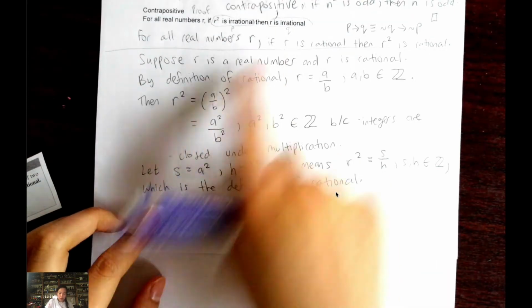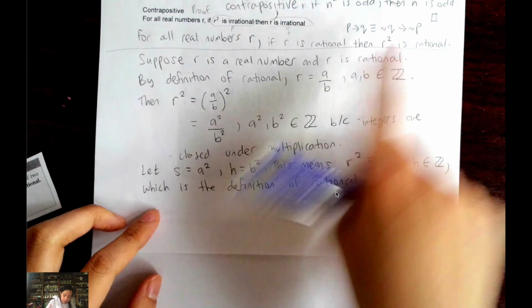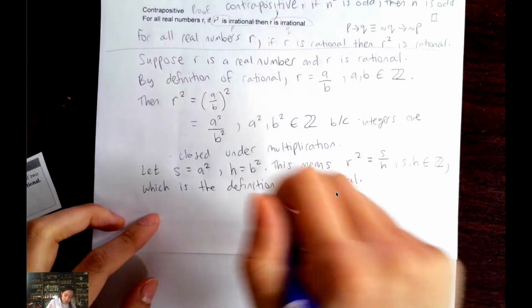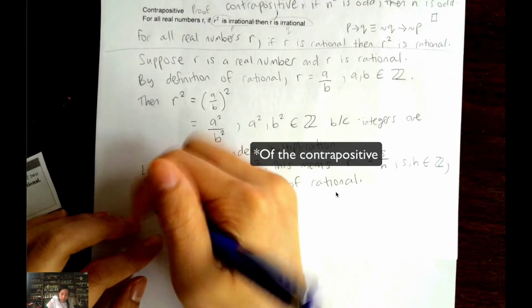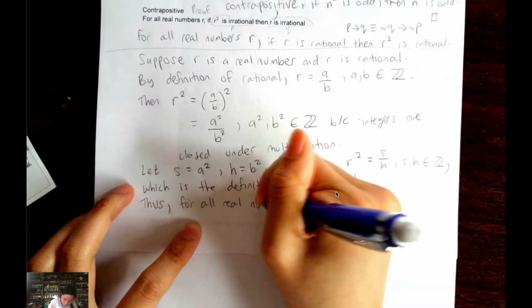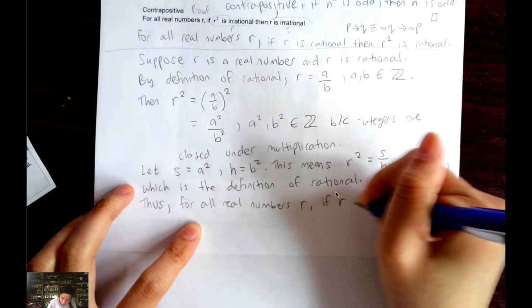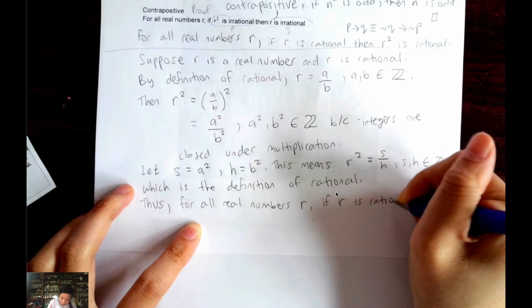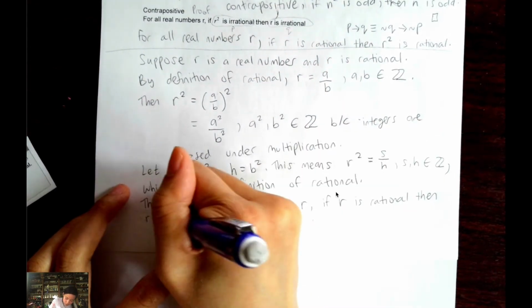So now, instead of saying thus r squared is rational, the then part, because this is a proof by contraposition, we say the whole if-then sentence. So we say, for all real numbers r, if r is rational, then r squared is rational.